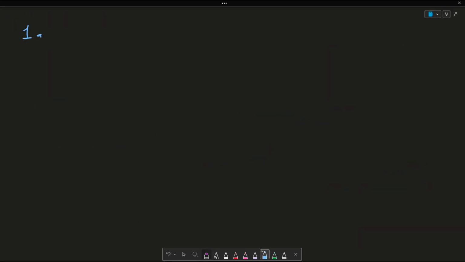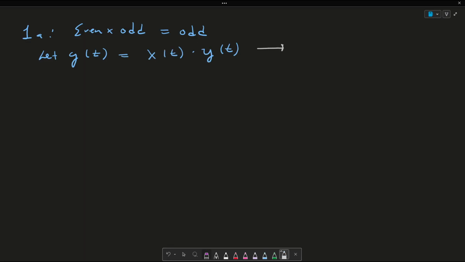So 1a says that an even times an odd is equal to an odd. Let g of t equal x of t times y of t, where x of t is an even function. That means x of minus t is equal to x of t. That's the definition of an even function.